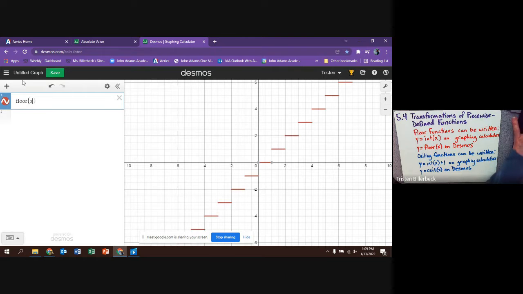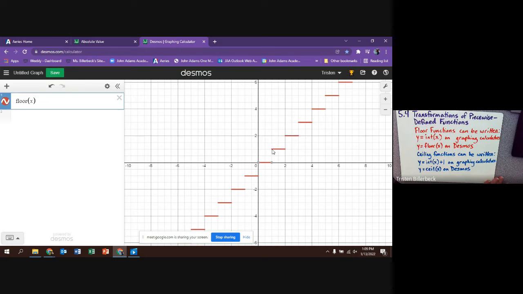There we go. So we see we have a floor function. The floor function rounds down, so this point would be part of it, but this point would not. The problem with the graphing calculator is it's not showing the open point.